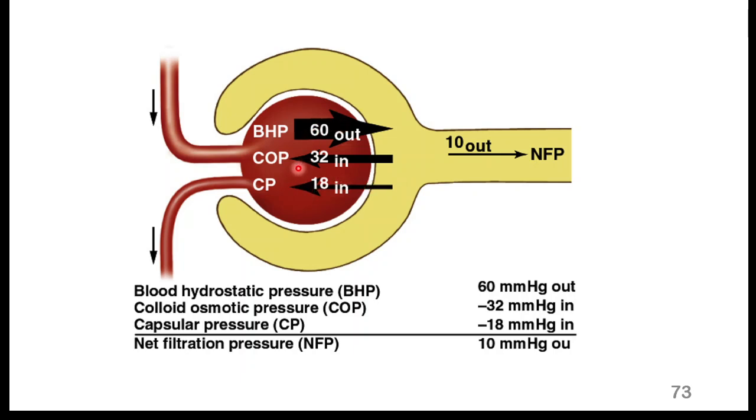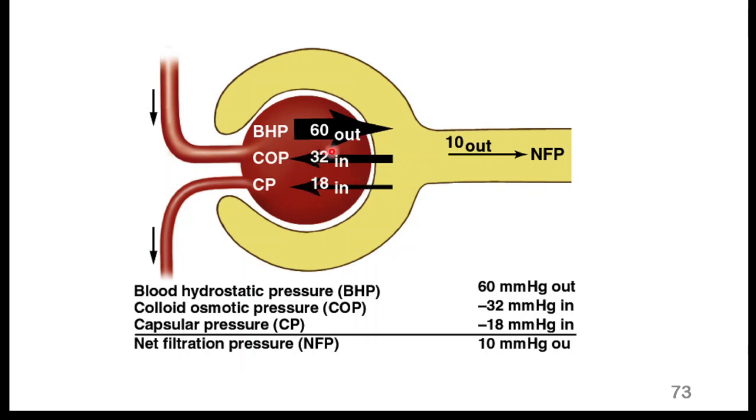Then we have the colloid osmotic pressure, because we said that the proteins largely will not be filtered, and so the proteins within the blood in glomerular capillaries have an osmotic effect, which we refer to as oncotic effect. They will tend to draw water towards themselves, pulling water from the capsular space into the glomerular capillary, and so that oncotic pressure also opposes filtration.